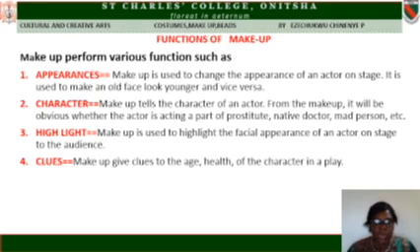Then 2, the character. Makeup tells the character of an actor. From the makeup, it will be obvious whether the actor is acting a part of a prostitute. She will use the makeup to do what? Apply some foundations so that she will be charming to people. If the people see her, she will look more attractive.